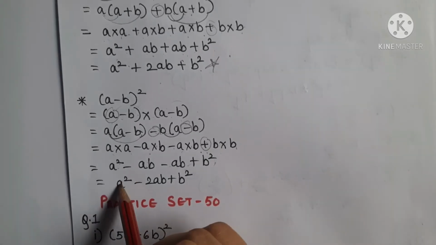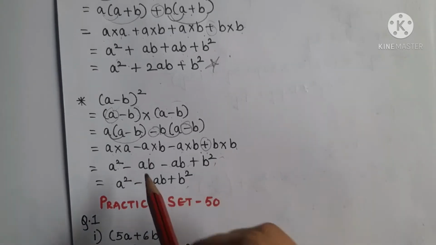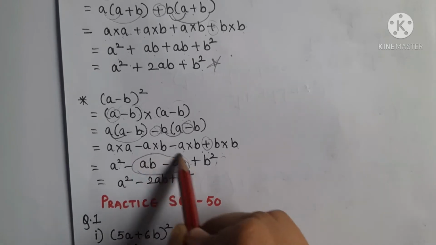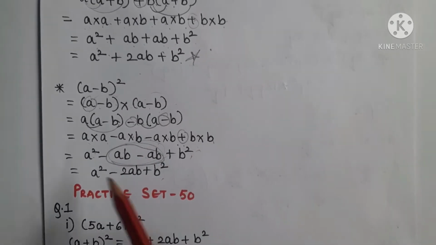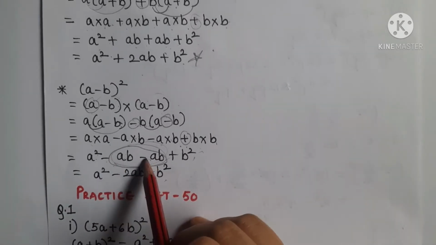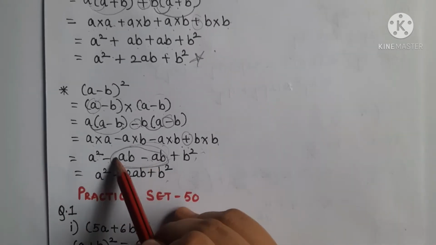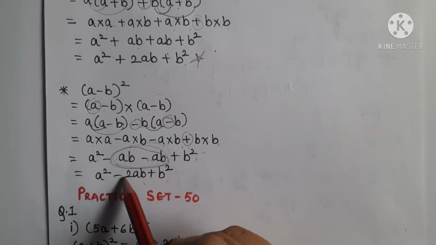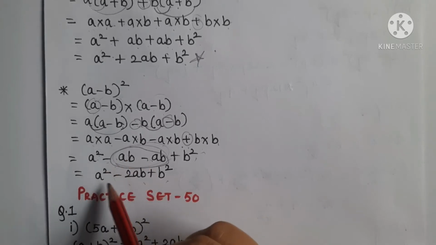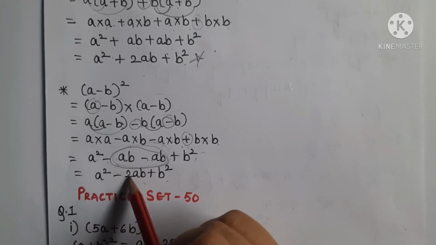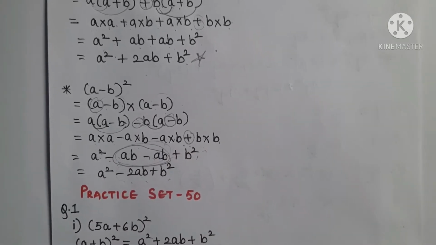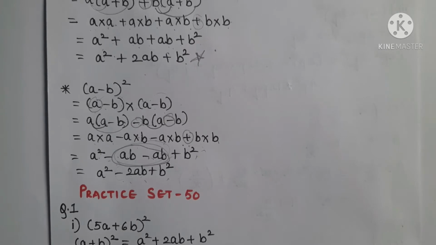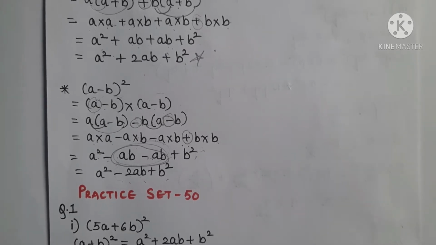Now a square and b square are as they are. ab and ab are both the same term, right? So 1ab and 1ab, which is 2ab, but the sign is minus. So you have to put a minus sign. So a square minus 2ab plus b square. So the formula for (a - b) the whole square is a square minus 2ab plus b square.